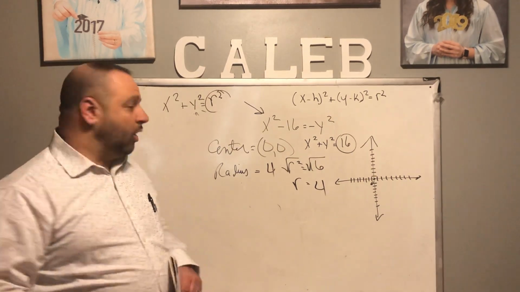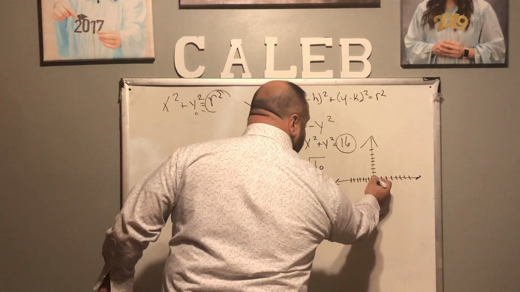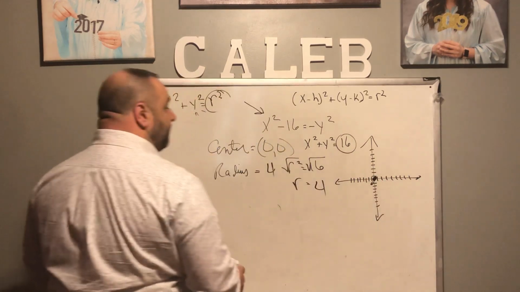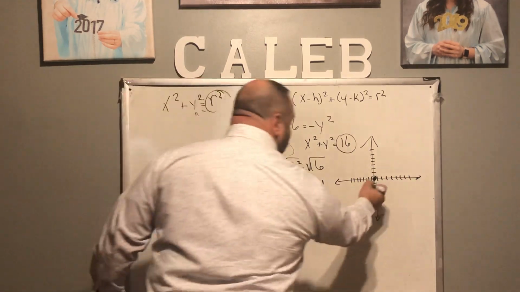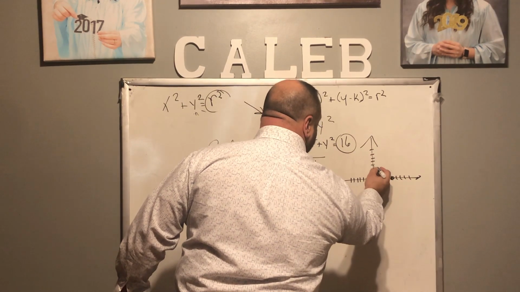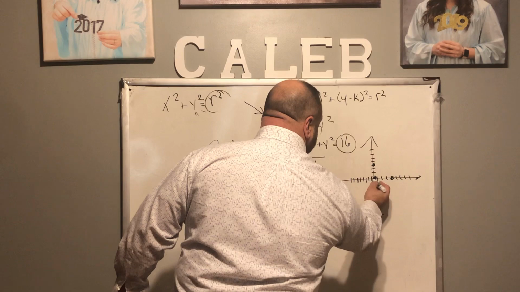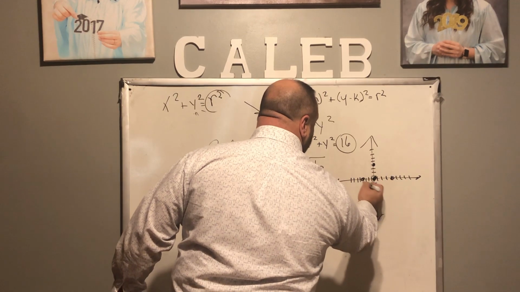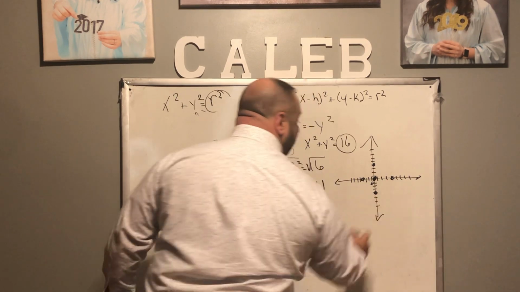From there, 0, 0 is our center. And then from there, we're going to go 4 spots to the right, 1, 2, 3, 4. 4 spots up, 1, 2, 3, 4. 4 spots to the left, 1, 2, 3, 4. And 4 spots down on our graph.